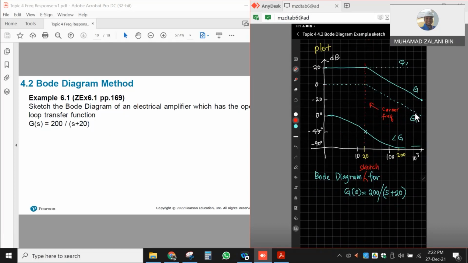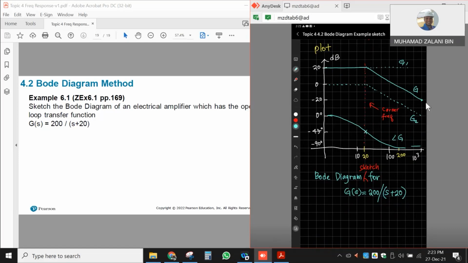So this is G2, and total G starts from 20 constantly, as a straight line. When the frequency increases, the gain is constant at 20 decibel. At the corner frequency, it turns downwards, all the way down to -20 here.